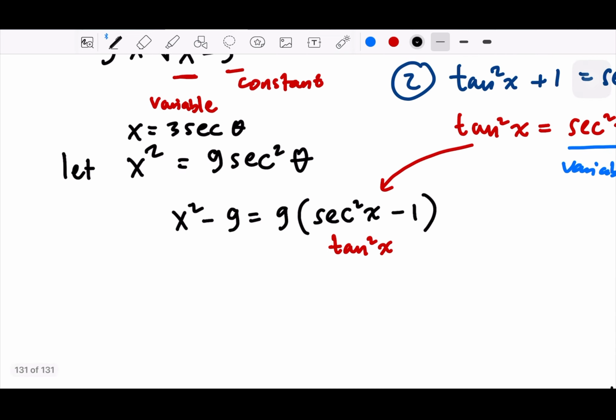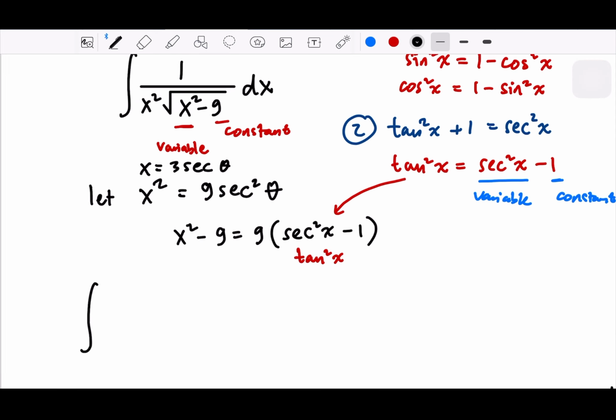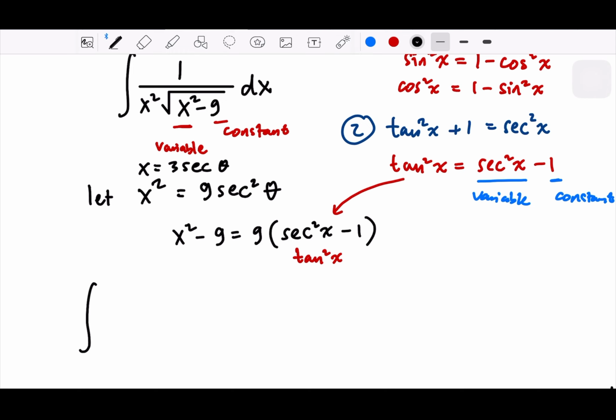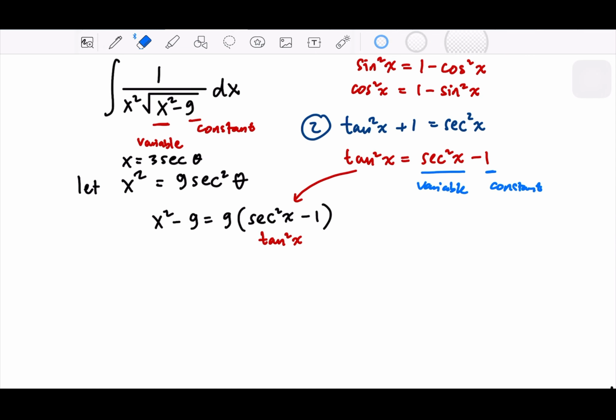So we could write, maybe let me move down from this part.